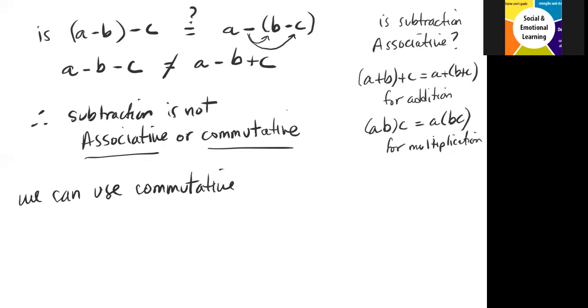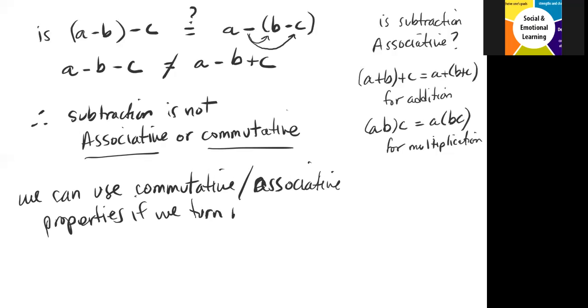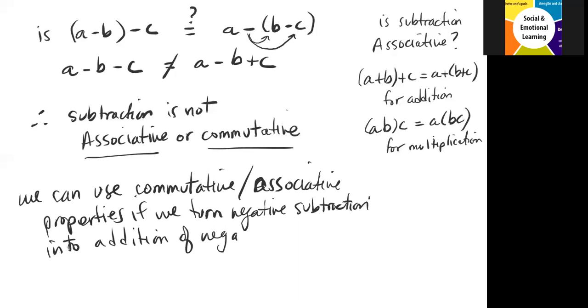I'm just going to write that down. We can use commutative, associative properties if we turn negatives, until we turn negative subtraction into addition of negatives, negative numbers.